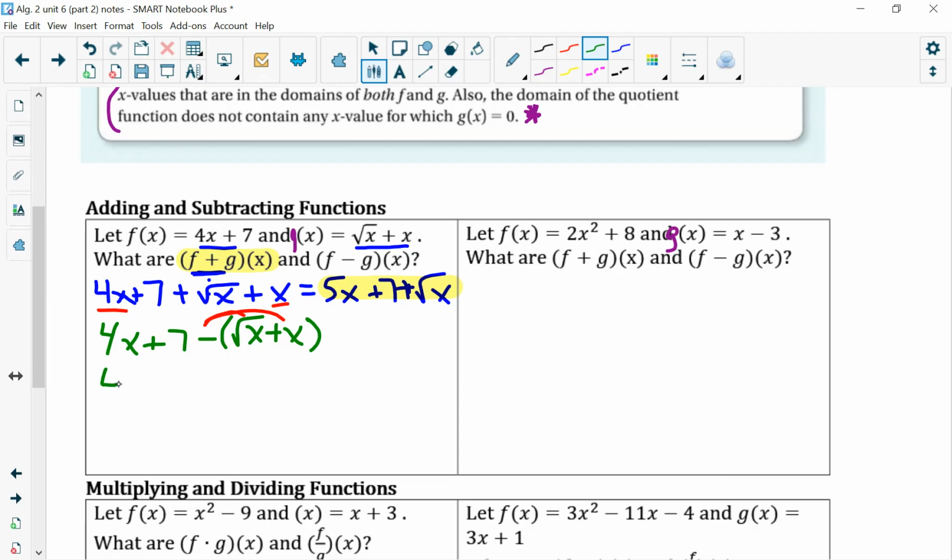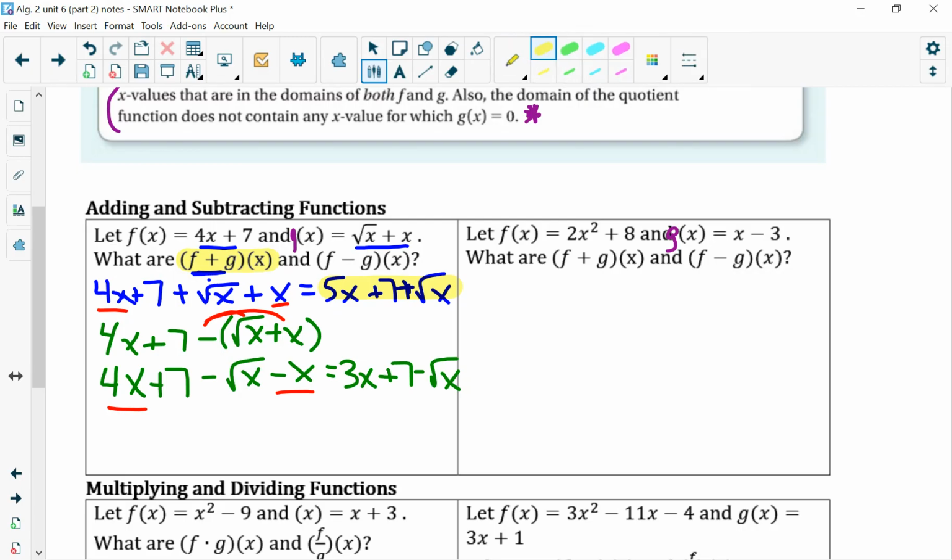That leaves me with 4x plus 7, which I just bring down, and then minus the square root of x and minus an x. Combining like terms again, I've got 4x minus x, which gives me 3x. I still have a plus 7, and then I have a minus the square root of x.